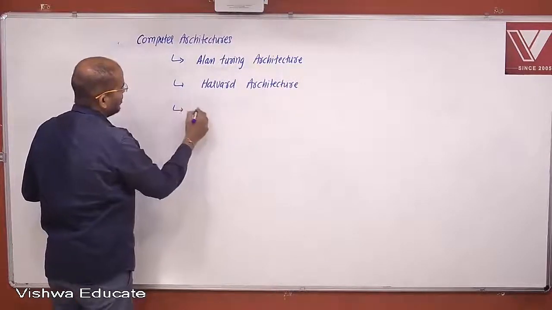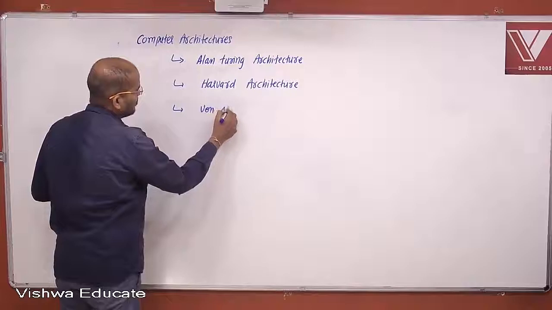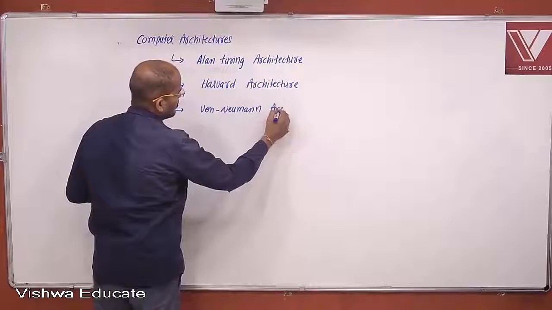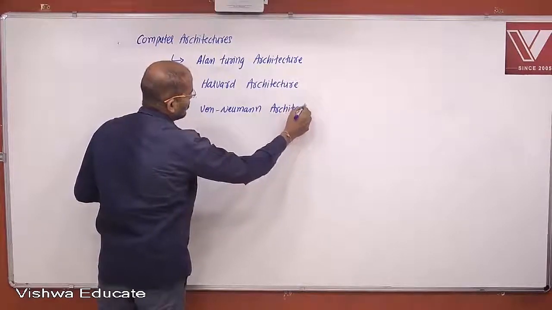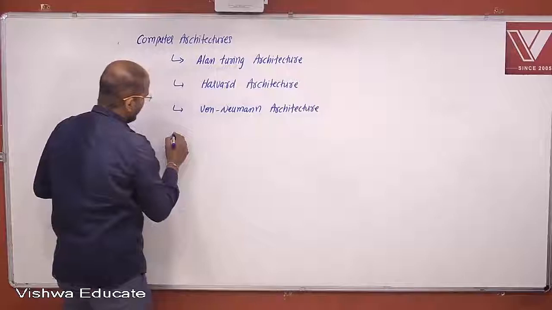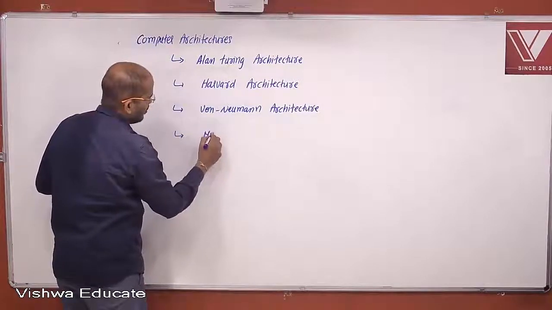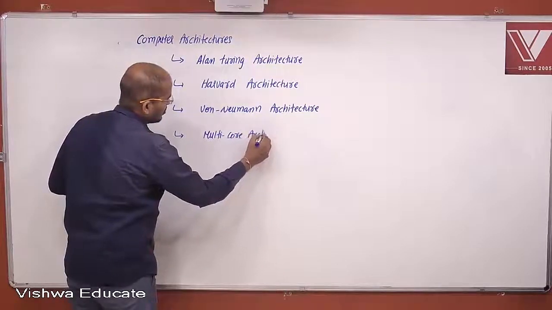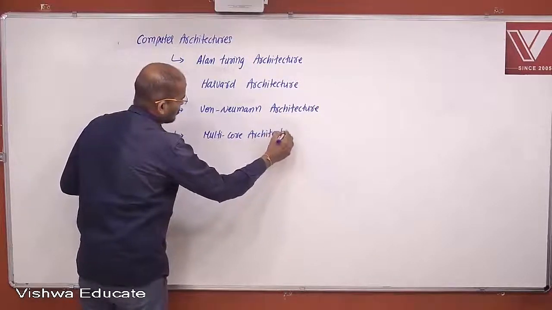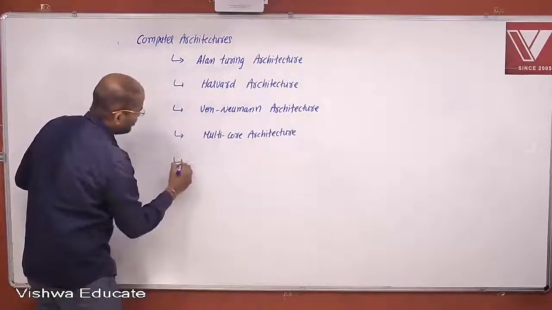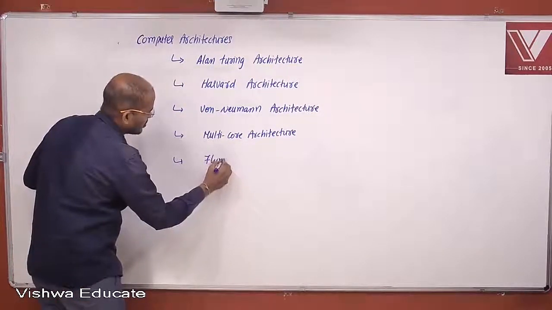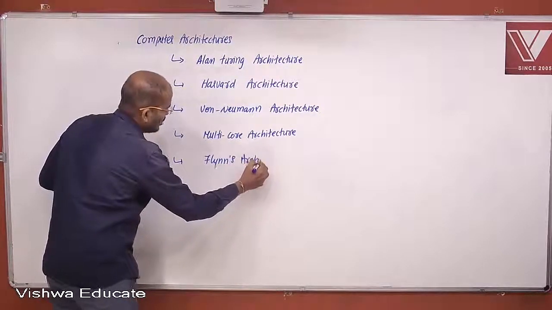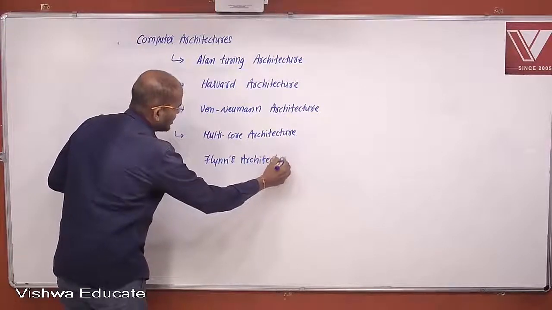And then we have the von Neumann architecture. And then we have multi-core architectures. And then we have Flint's architecture.